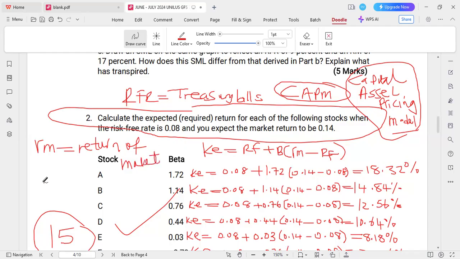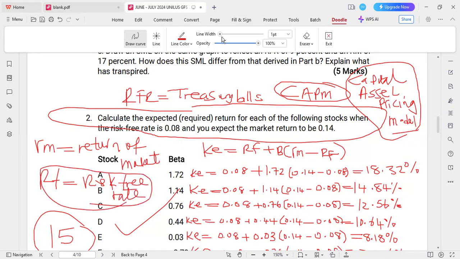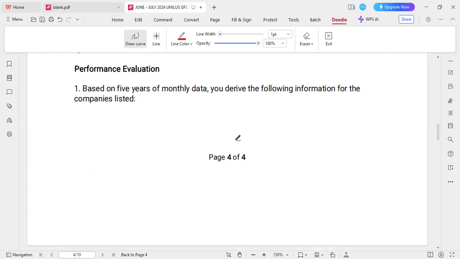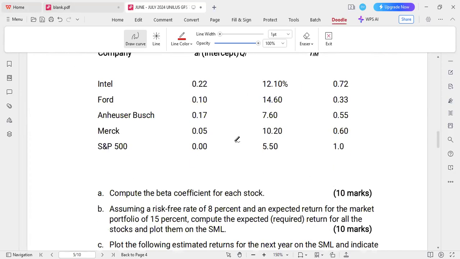And then we have RF, which is called the risk-free rate. So this is just about what we have concerning the risk and return aspect.